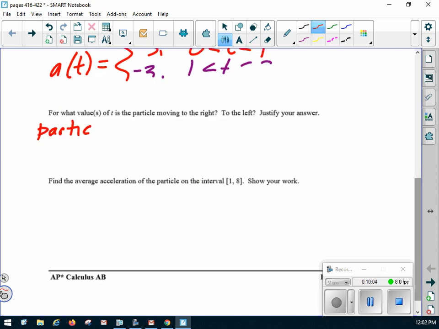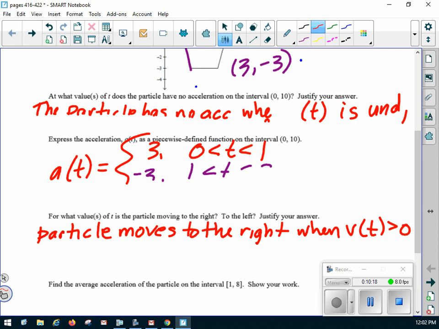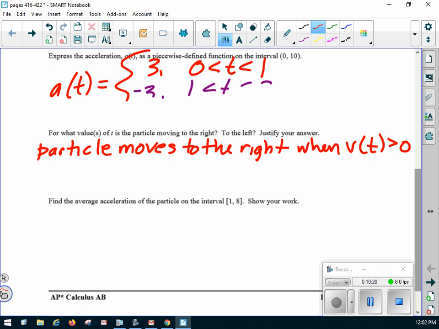So the particle moves to the right when v of t is positive, which is 0 to 2 and 7 to 10.